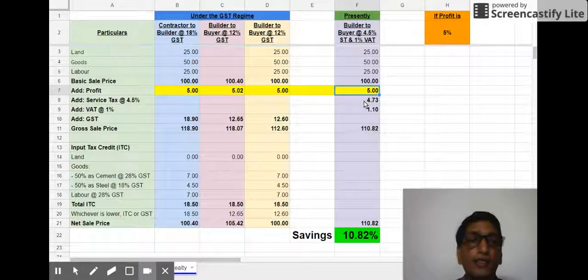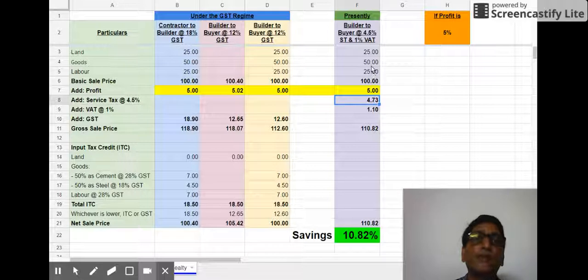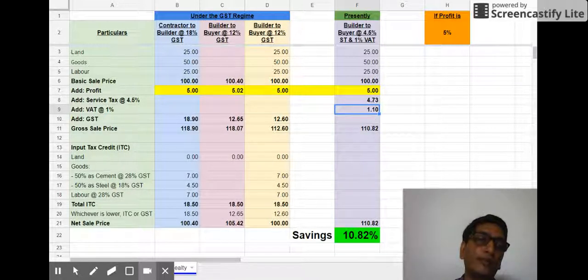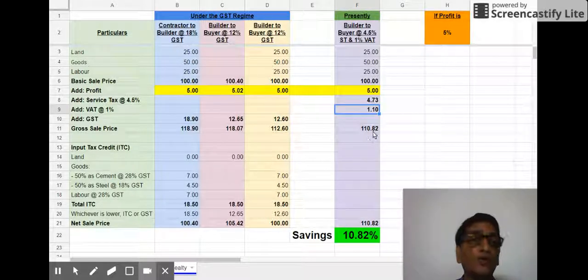In the current pre-GST scenario, there is 4.5% service tax on all these elements. When service tax is added to all these elements, it comes to 4.73, and there is VAT of 1% on all the components, including profit. So the total cost comes to 110.82.